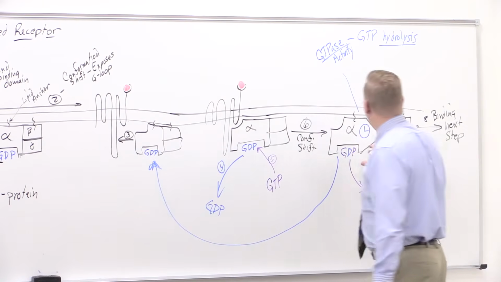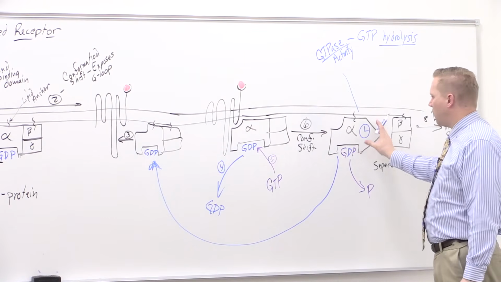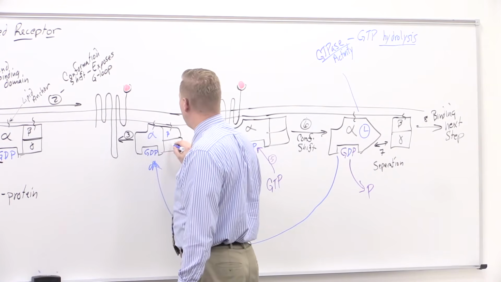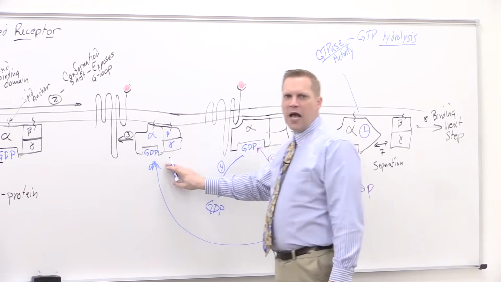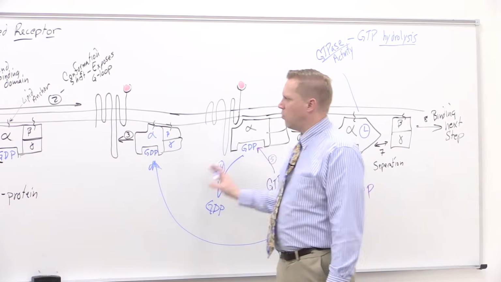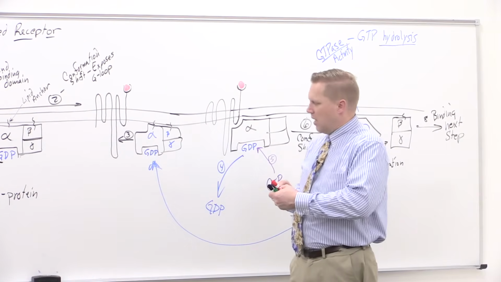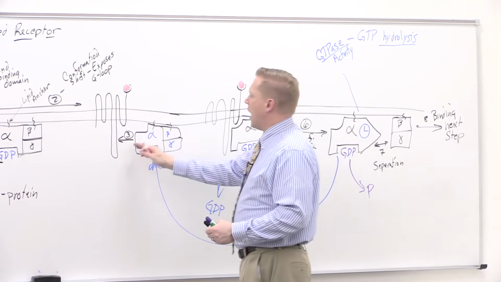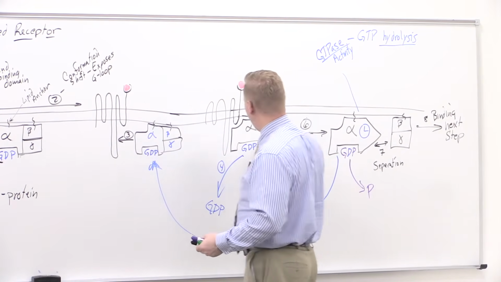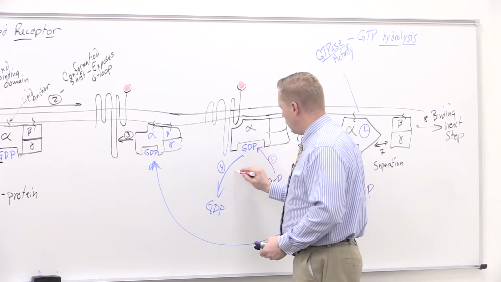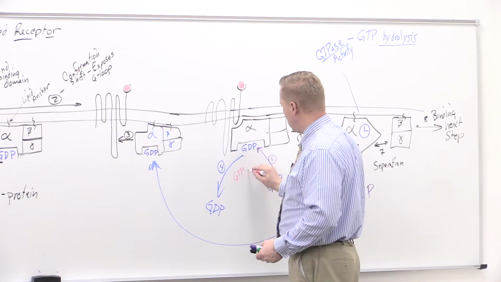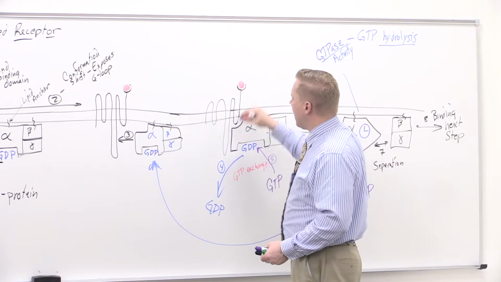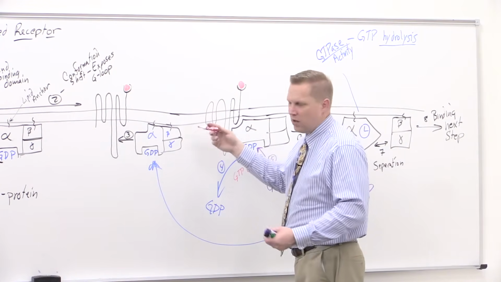So now we can get reassociation of the alpha and the beta gamma subunits once it hydrolyzes. So hydrolysis leads to reassociation. Then the other thing that has to happen, it will just come back and re-exchange. So we'll call this GTP exchange. As long as we have a ligand and a G loop, it will just cause a re-exchange.